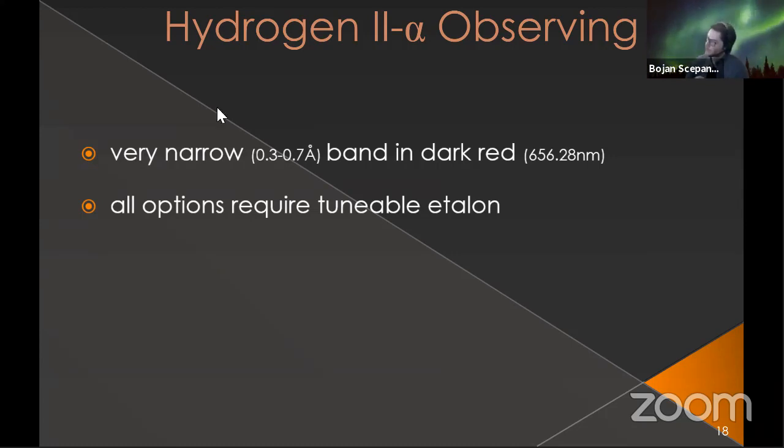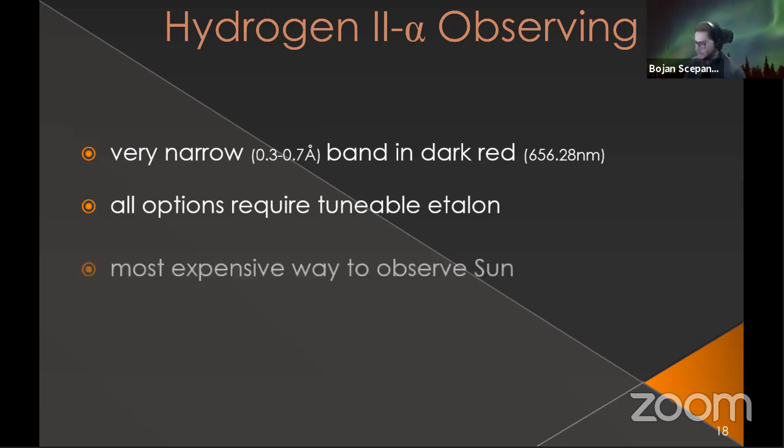So we would like to look at this wavelength. However, because the Earth and all the objects that we're trying to look at are moving at almost relativistic speeds, we actually need to tune our Etalons to not look directly at 656 nanometers, but slightly to the left or slightly to the right in the spectrum, depending on the relative movement of the objects.